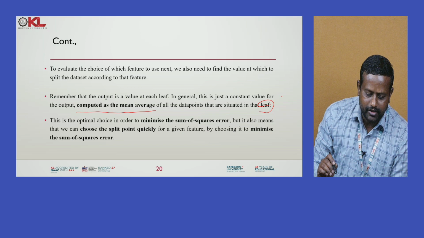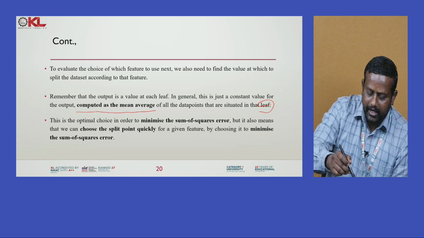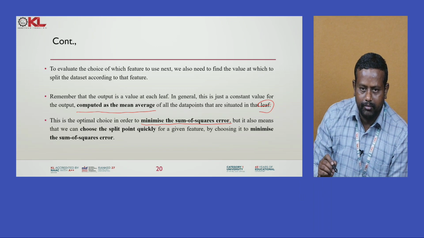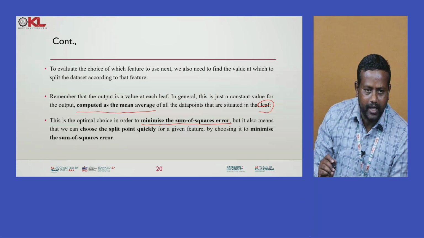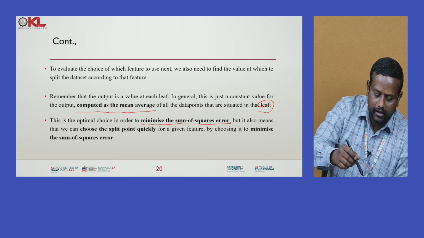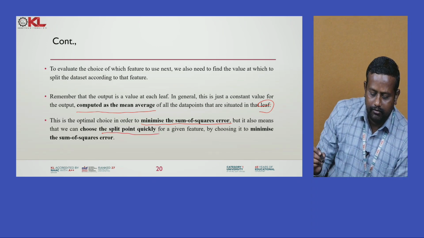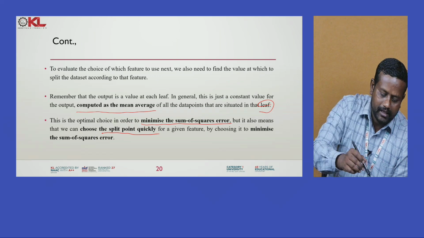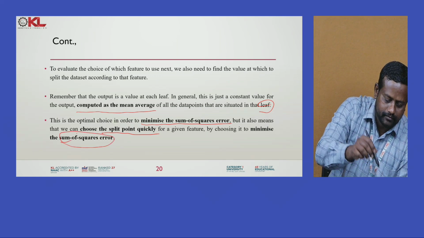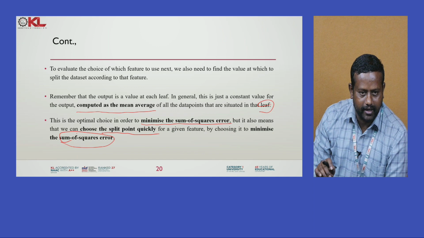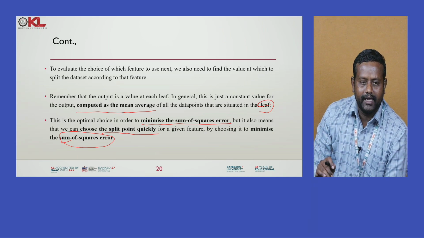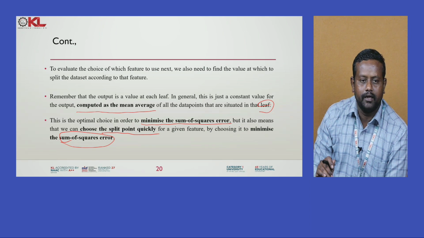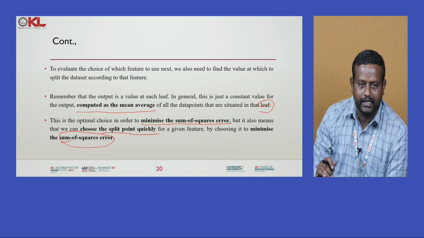This is the optimal choice to minimize the sum of squared errors, and it also means that we can choose the split point for a given feature by minimizing the sum of squared error. Minimizing the sum of squared error is an excellent and efficient way to produce the best performance.